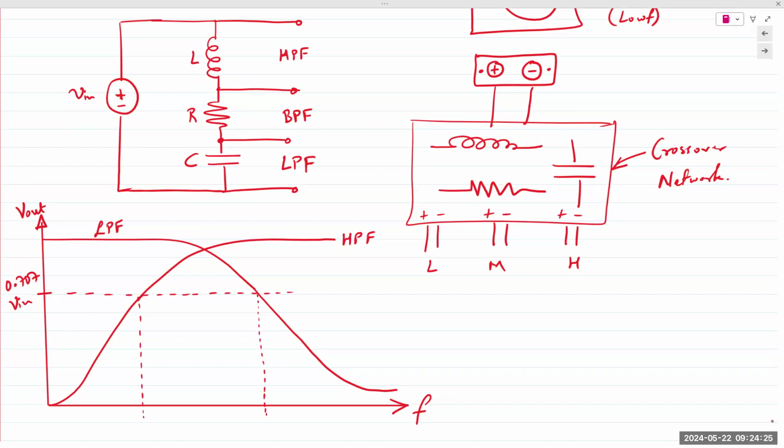So this is the cutoff frequency or the break frequency for the high pass filter. And this is the cutoff frequency for the low pass filter.